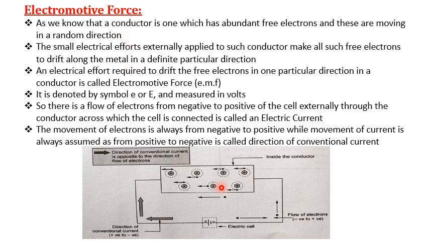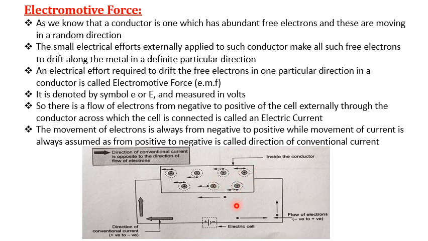So see here there is a conductor. Actually, electromotive force is nothing but a battery. Either it may be a battery, or it may be some electric cell. Here this is a conductor. It consists of a number of electrons.